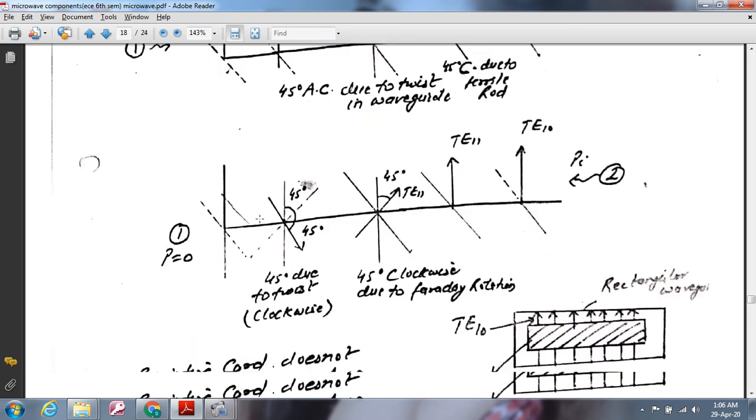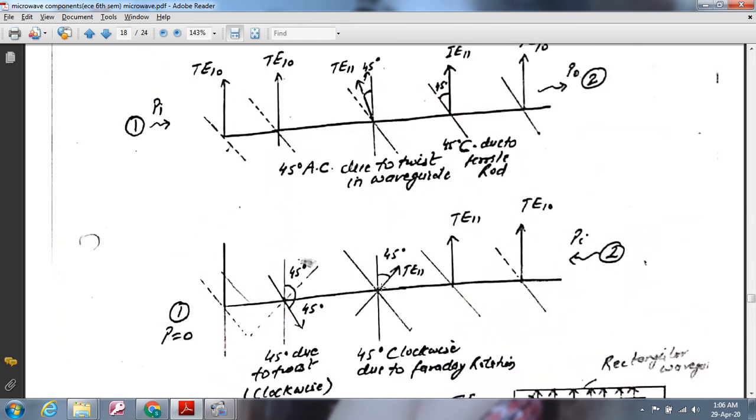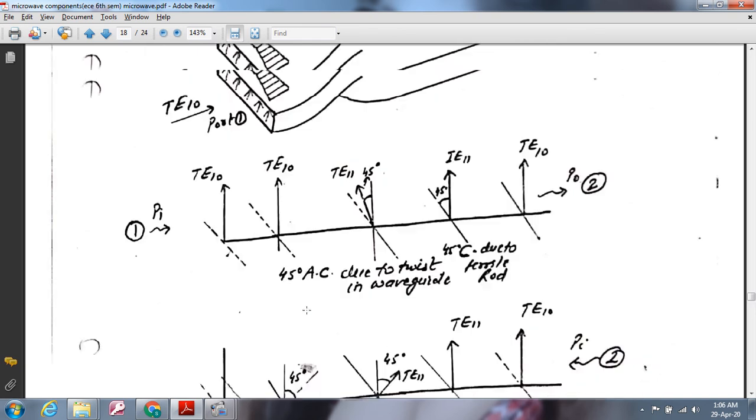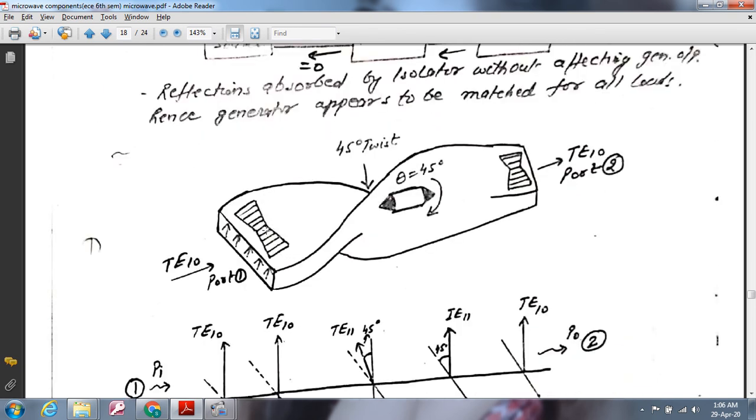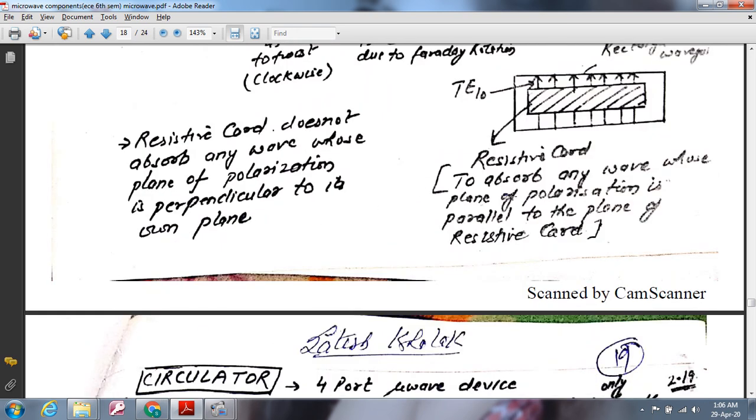But now in the present case, because the wave is 90-degree rotated and clockwise, 45-degree plus 45-degree, this is a 90-degree shift, and this 90-degree shift is now parallel to these resistive guards. So these resistive guards absorb any wave whose plane of polarization is parallel to the plane of the resistive guards.